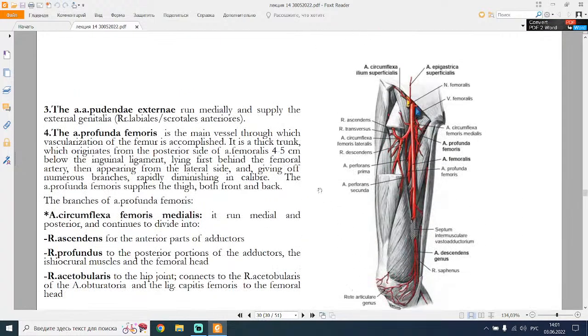Next branch, arteria pudenda externa, runs medially and supplies the external genitalia.